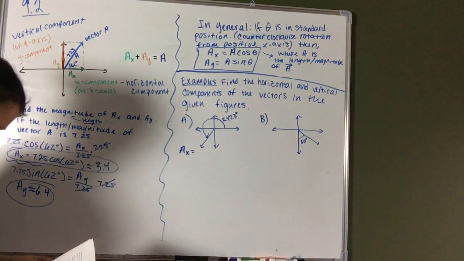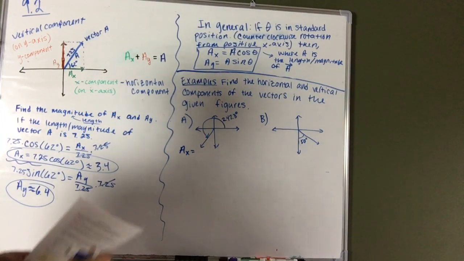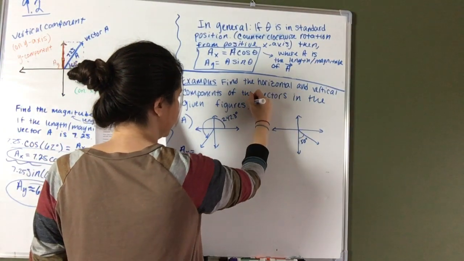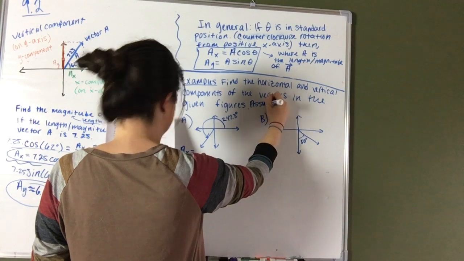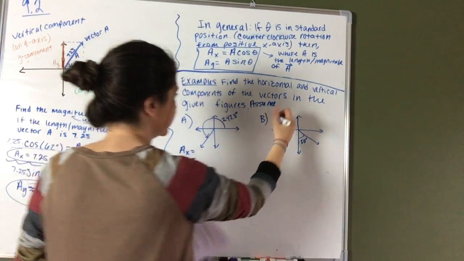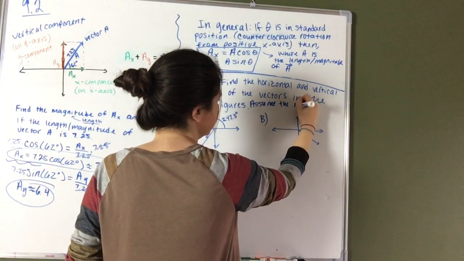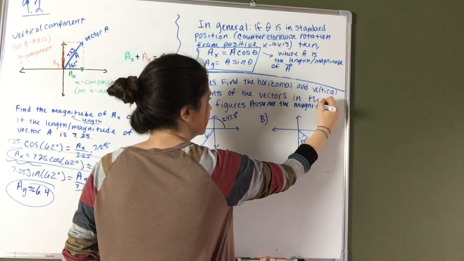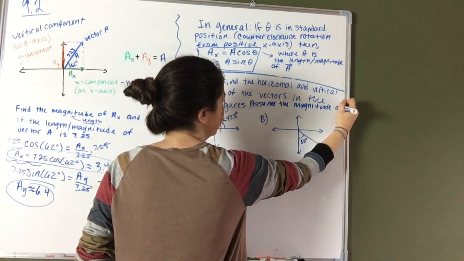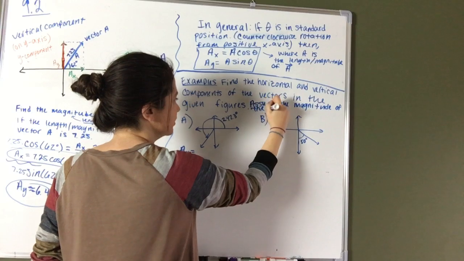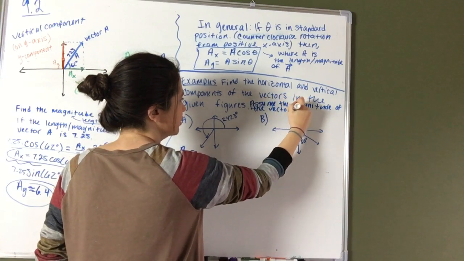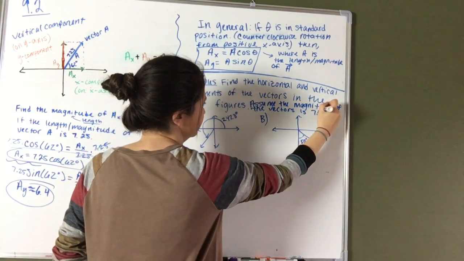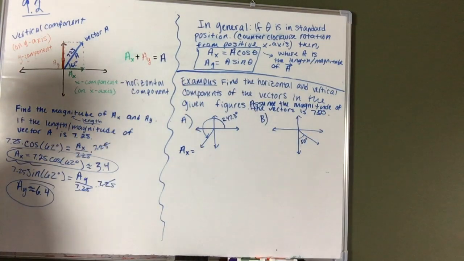A being the length. Did I forget to put that down? Okay, so we're going to assume the magnitude of the vectors is 750 in both cases.